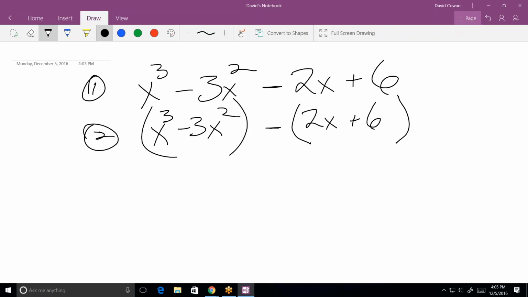Negative 2x plus 6. You get minus 6. This negative sign has to be distributed to both terms. So do you see where expression number 2 is not the same as expression number 1? And the only way to make it the same is by changing that to a minus 6.